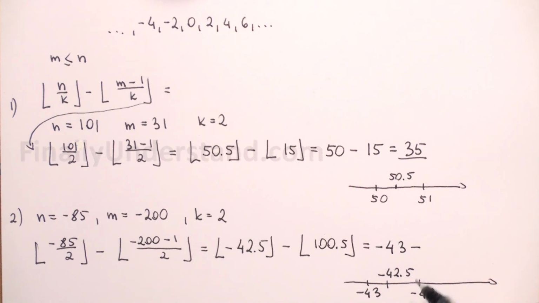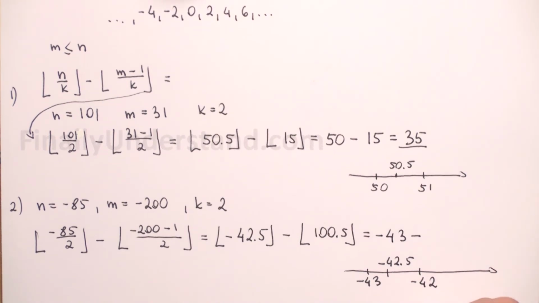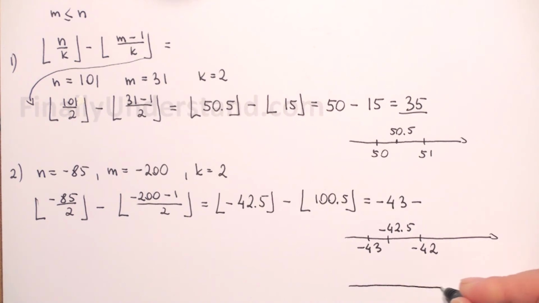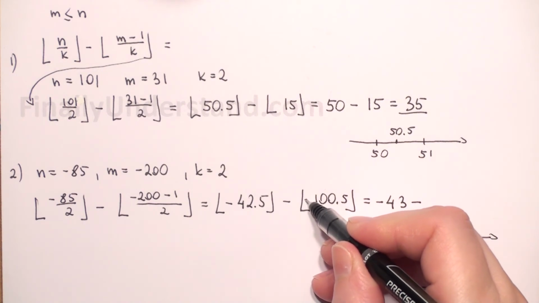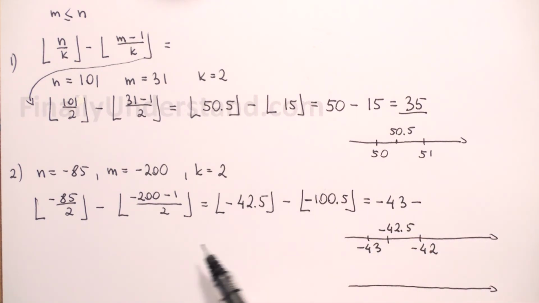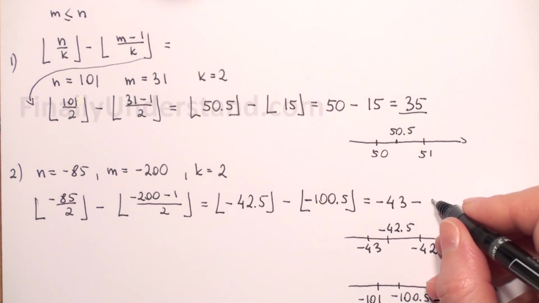We have minus, and now we have the floor of, of course I forgot we have a negative sign here because we have a negative number divided by a positive, so we have negative 100.5. This number is between the integers negative 101 and negative 100. So we see that the largest integer that is less than this number is negative 101.